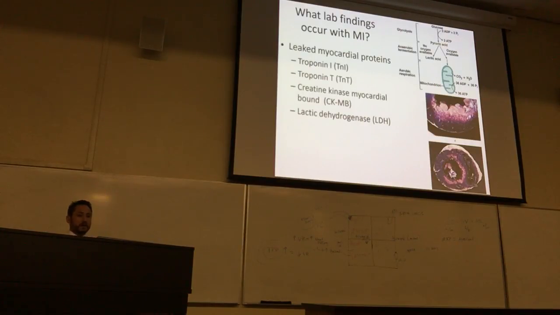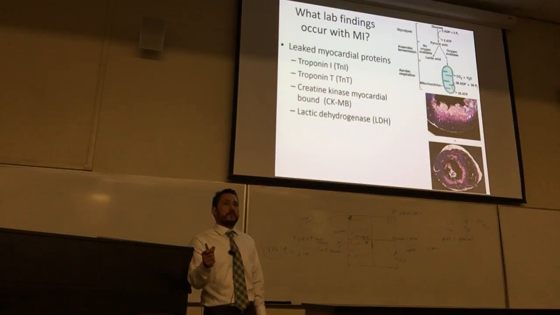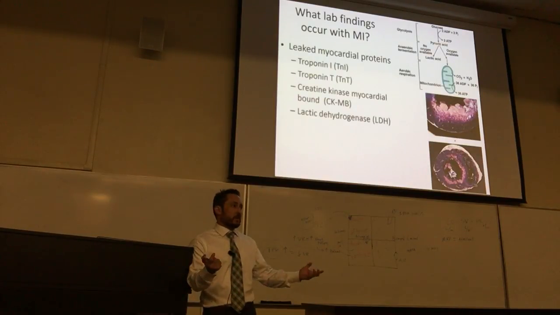Creatine kinase myocardial band, CK-MB, along with lactate dehydrogenase, LDH. These are indicators that the heart is actually looking for non-aerobic sources of energy. Why? Because it's not getting blood flow. So if it's not getting blood flow, it's not getting oxygen.